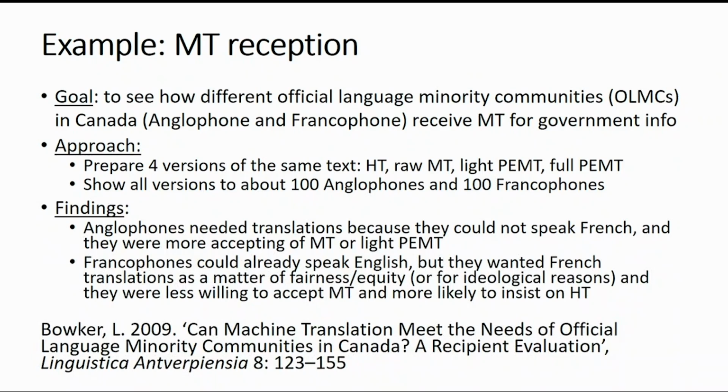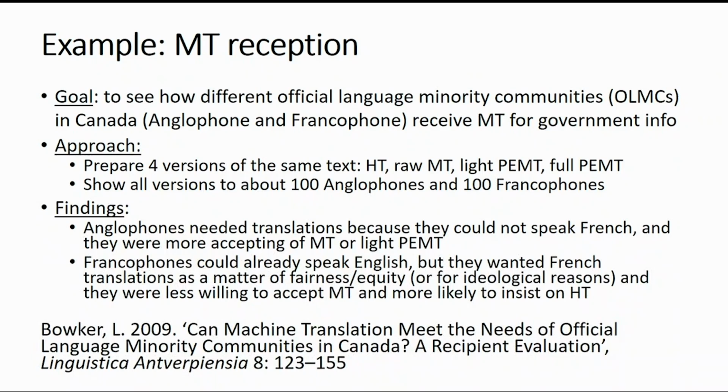Initially, there were almost 100 Anglophones and almost 100 Francophones in the 2 groups: the Anglophones living in Quebec and the Francophones living outside of Quebec. The findings were that these 2 communities receive machine translation very differently. They have quite different attitudes towards it. Many of the Anglophones actually needed the translation. They live in Quebec, but they are not fluent French speakers.